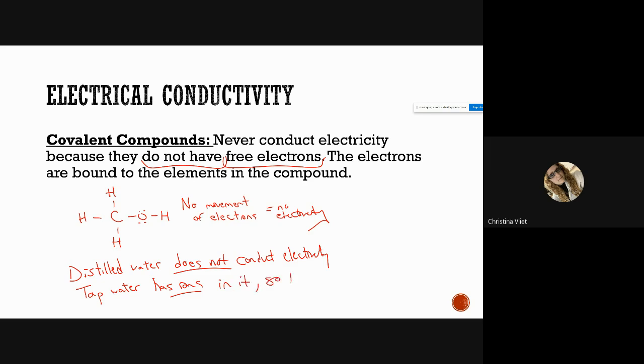Because they are aqueous, AQ in parentheses, which means dissolved in water, they conduct electricity. So does actual water conduct electricity itself? No, it's the ions in the water that conduct the electricity. If you have distilled water, it does not conduct electricity.